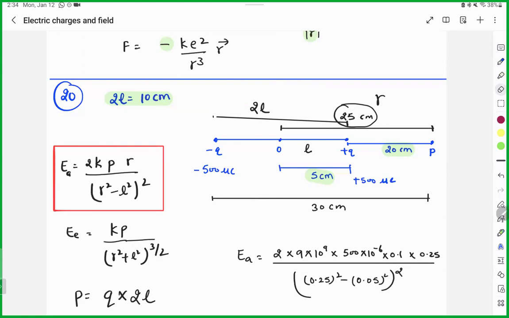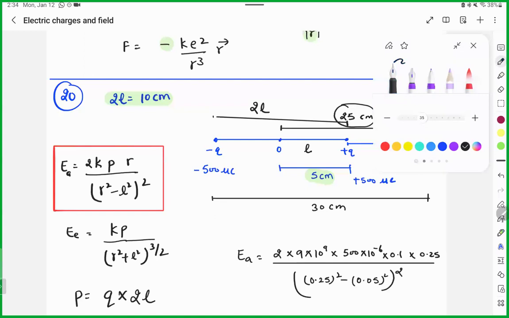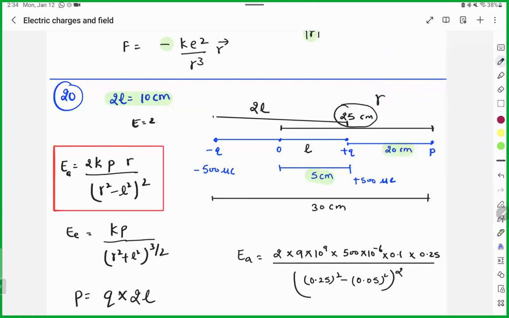So we cannot ignore it, and we cannot put this formula for the axial line, E is equal to 2kp by r cube. This formula is valid only when r is much greater than L, like 1,000 times, 10,000 times.